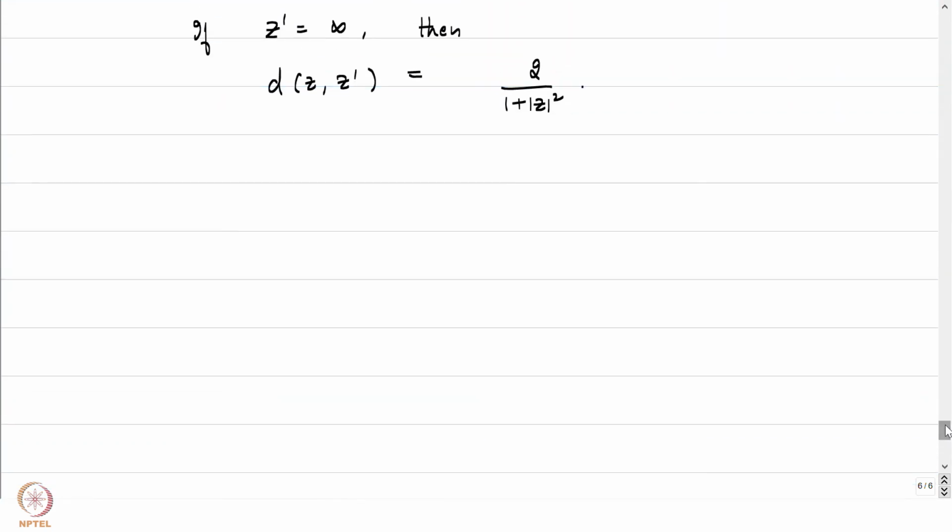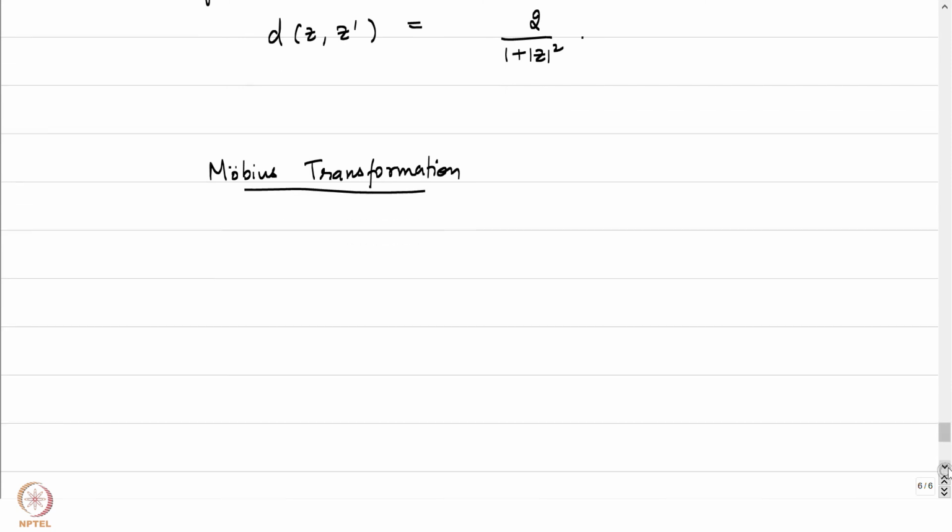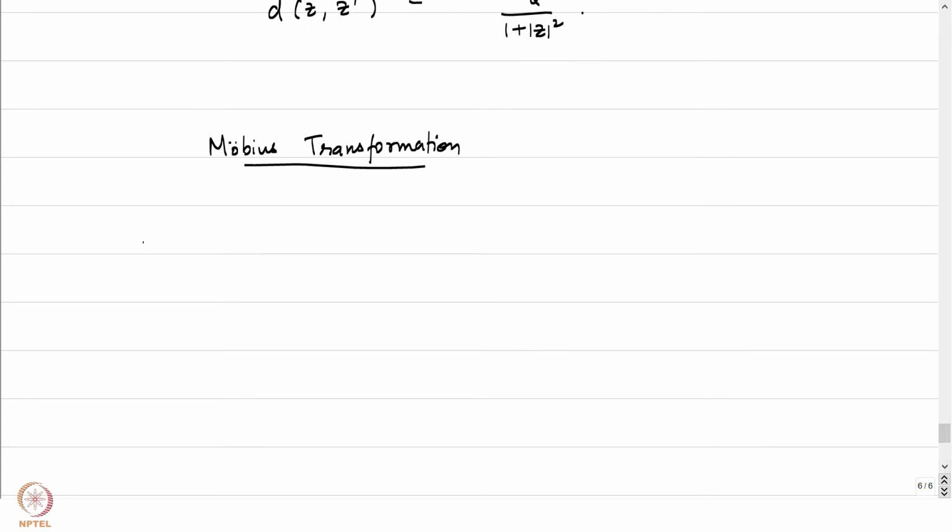So we are now in a setting to define what Mobius transformations are. Mobius transformations, as I had said earlier, are a special class of functions which naturally occur at various stages in complex analysis. The definition is quite straightforward.